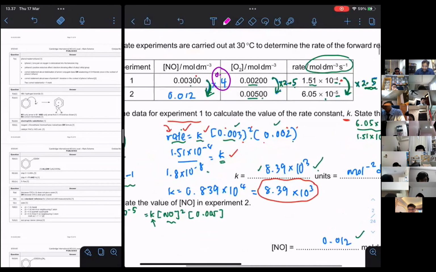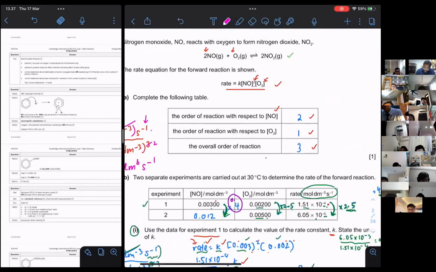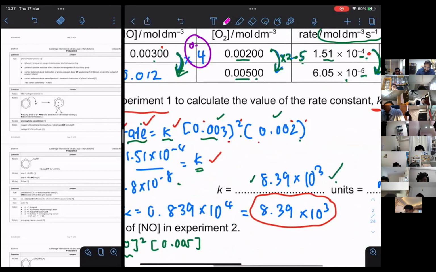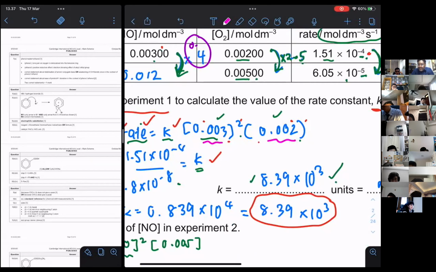Quite simple. You see here, to the power of 2 and to the power of 1. This is going to be mole per dm cube to the power of 2, mole per dm cube. So of course, the unit is going to be mole per dm cube to the power of 3.